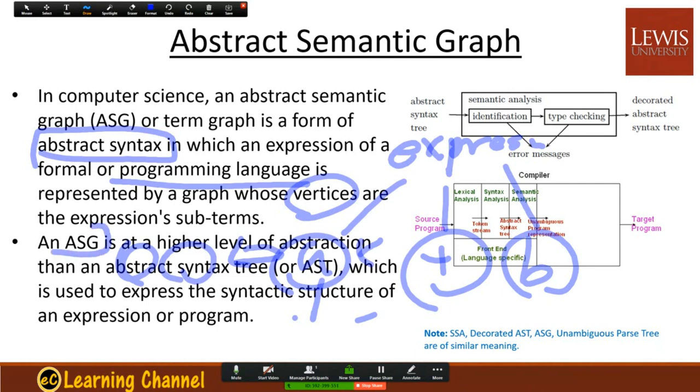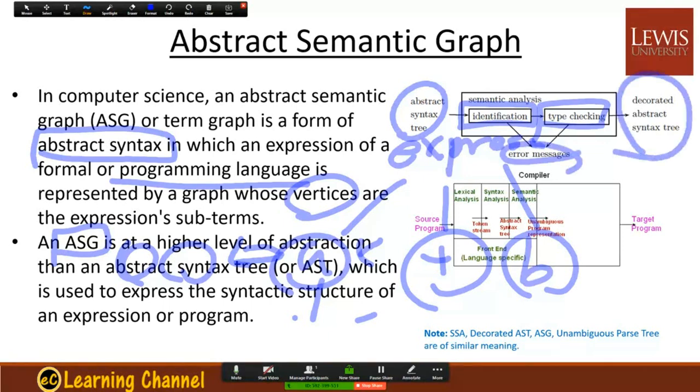So here this is ASG, and you basically have the syntax tree, and then you try to find the identification, type checking, and value checking, generate an error message, and you have this decorated abstract syntax tree. So the terms decorated syntax tree and ASG are the same. These two terms are exactly one term.